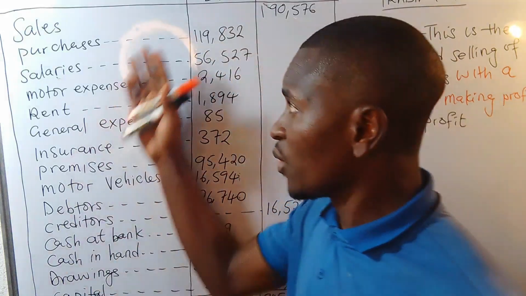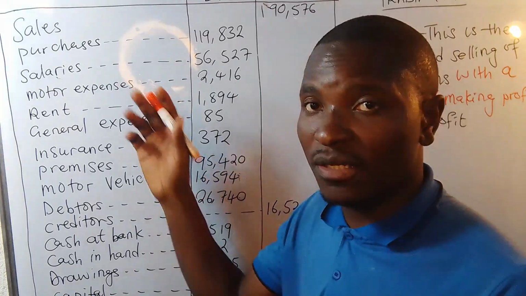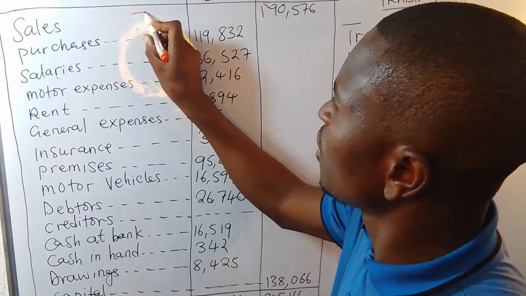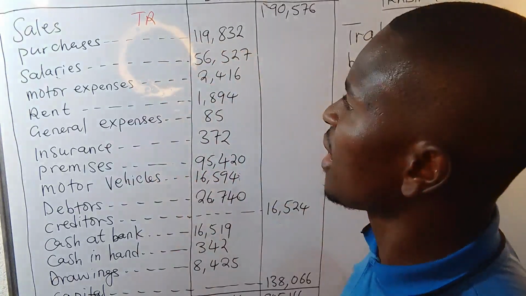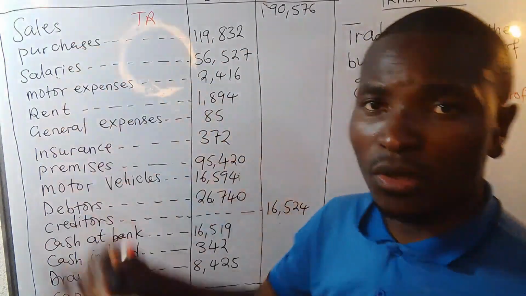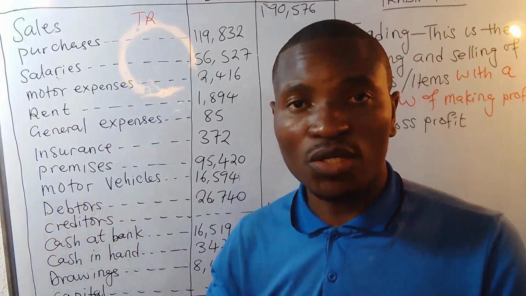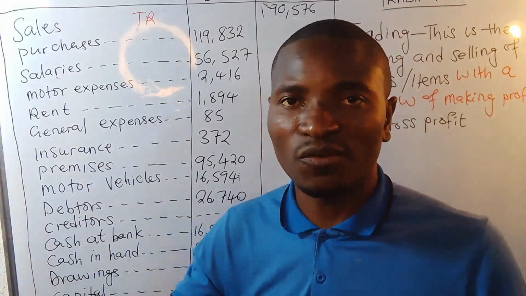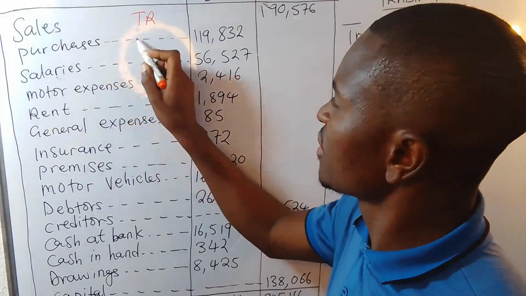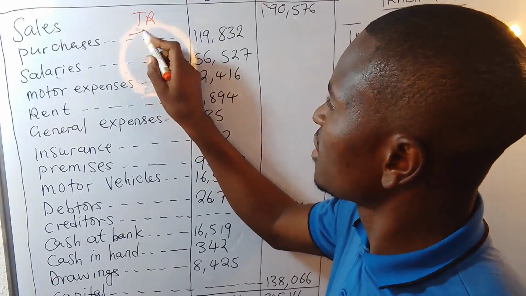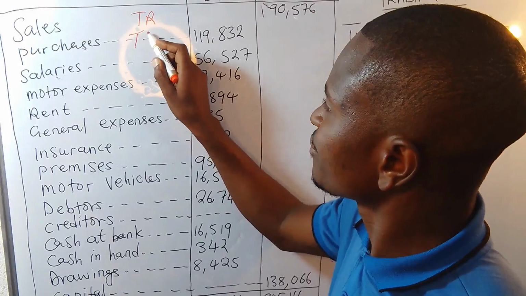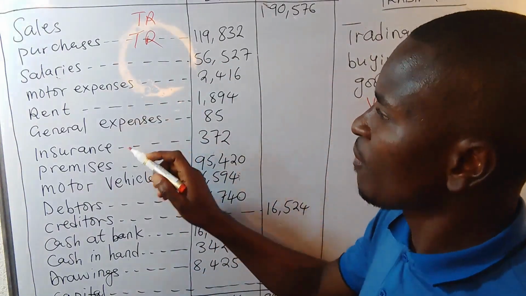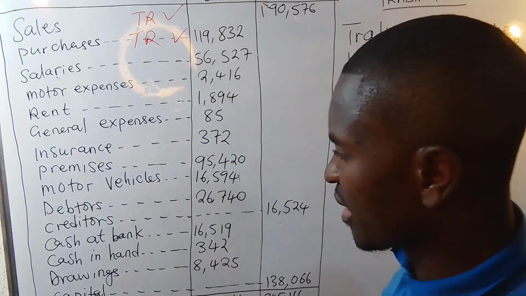When you're looking at the sales, this is going to go in the trading account. When you're selling, that is part of trading, the buying and selling of goods. So this is also going to be the trading account. And then what else? What is the other thing?